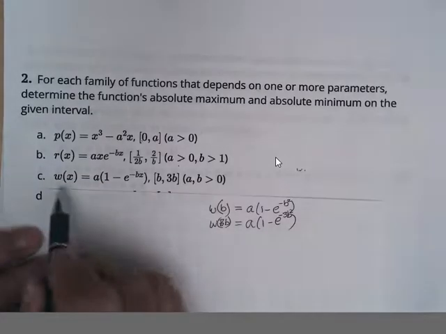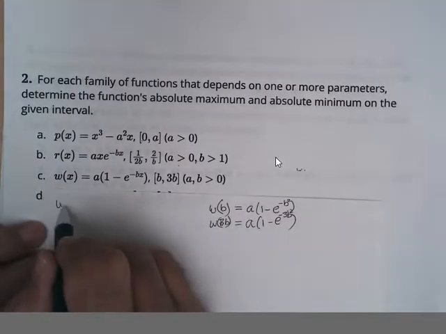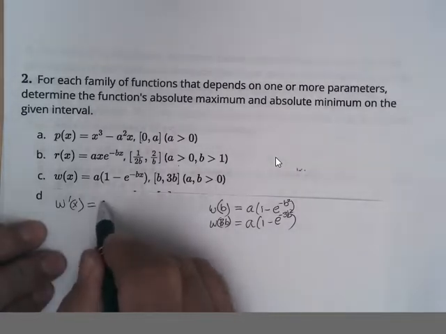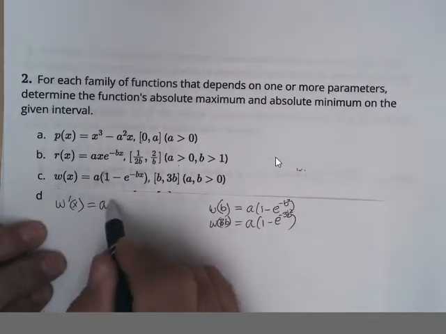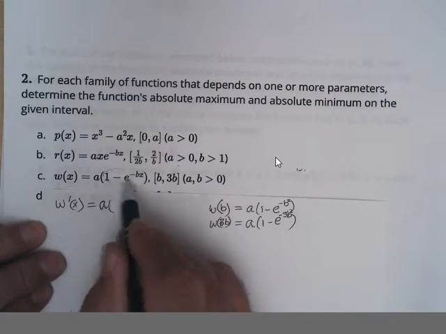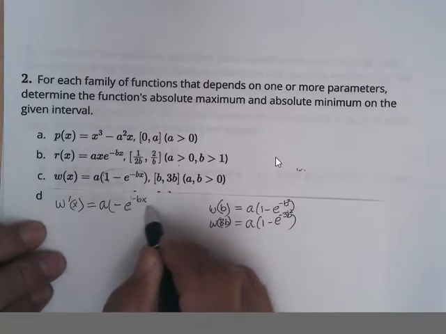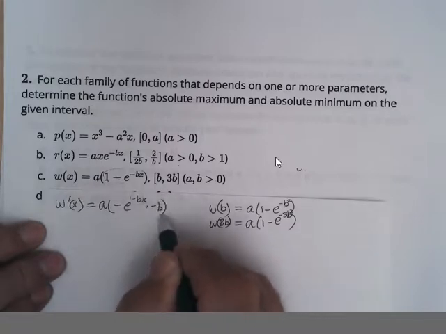And for the critical points, we take the derivative. This is a constant, so it just stays, and we take the derivative of the inside, which is of a constant, which is 0, and the derivative of this is minus e to the minus bx times the derivative of the power, times minus b.